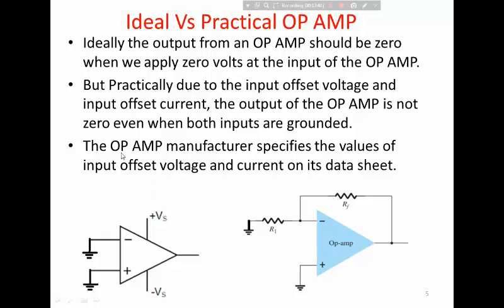So the op-amp manufacturer specifies the values of input offset voltage and current on its data sheet, and it also provides you the mechanism by which you can reduce the offset error, that we will see later.